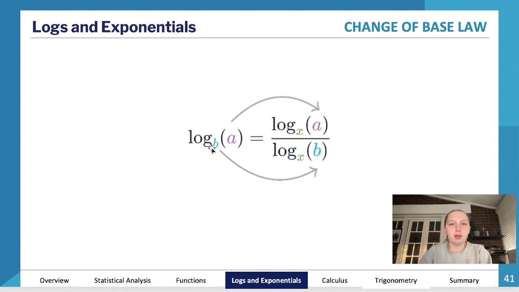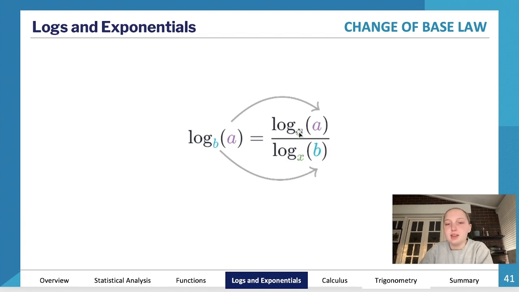This comes up super commonly when you get questions on logs. You'll have to do a little bit of manipulation, find a log, and then it'll ask you to calculate or compute it. In order to do that, we have the change of base law. If you've got log base b, where b is anything but e or 10, you can change that to log base x of a, all over log base x of b.